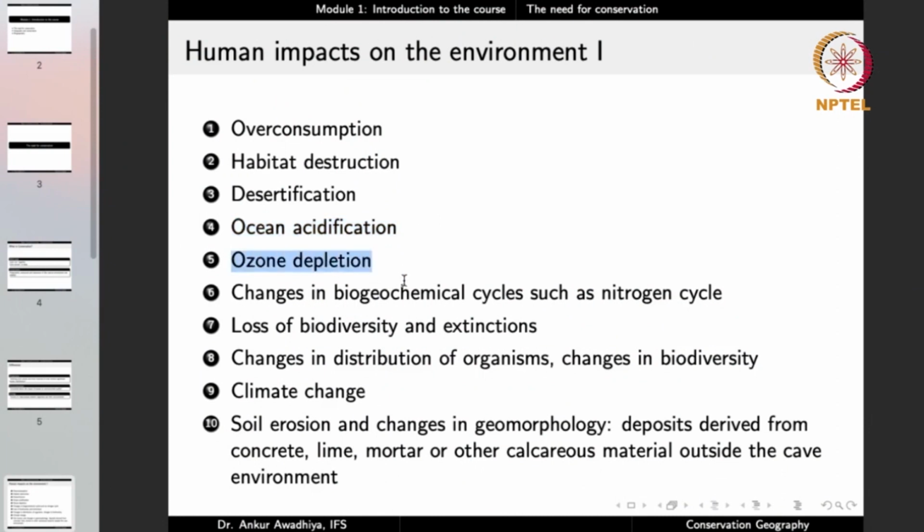We are observing a depletion of the ozone layer because we are spewing out chemicals like chlorofluorocarbons or hydrofluorocarbons, and these chemicals reduce the concentration of ozone in our upper atmosphere. Now, ozone is a layer of gas. Ozone is O3, so that is 3 oxygen atoms combined together.